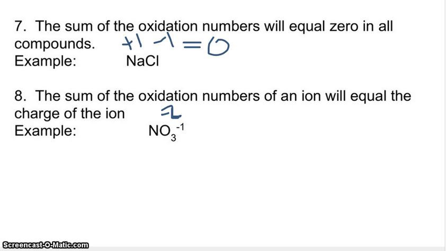In nitrate, we have 3 oxygens. That means we have -2 3 times. That's a total of -6 coming from just the oxygen.